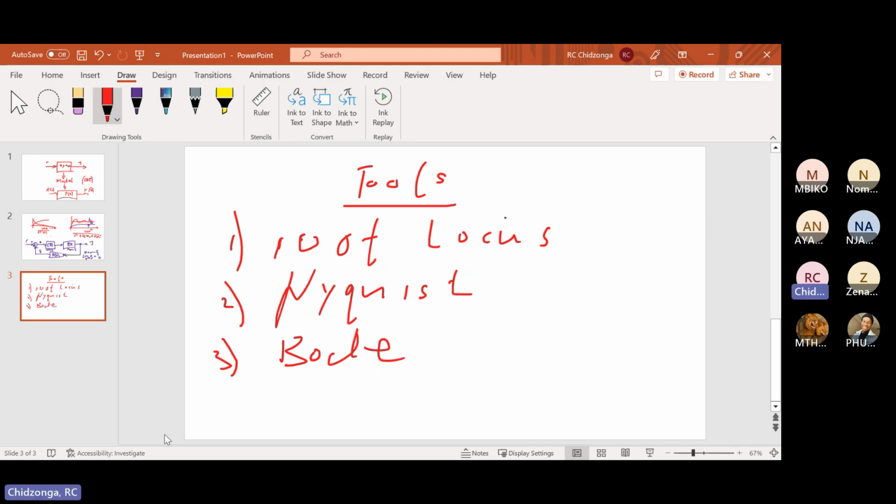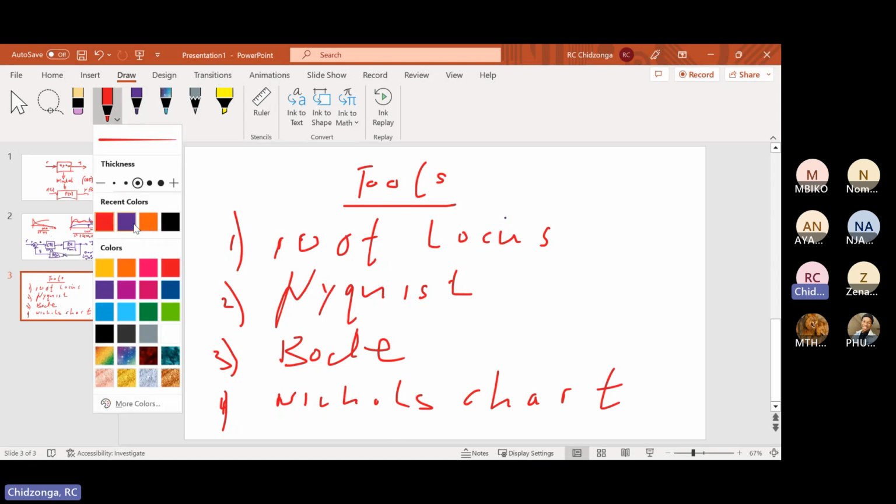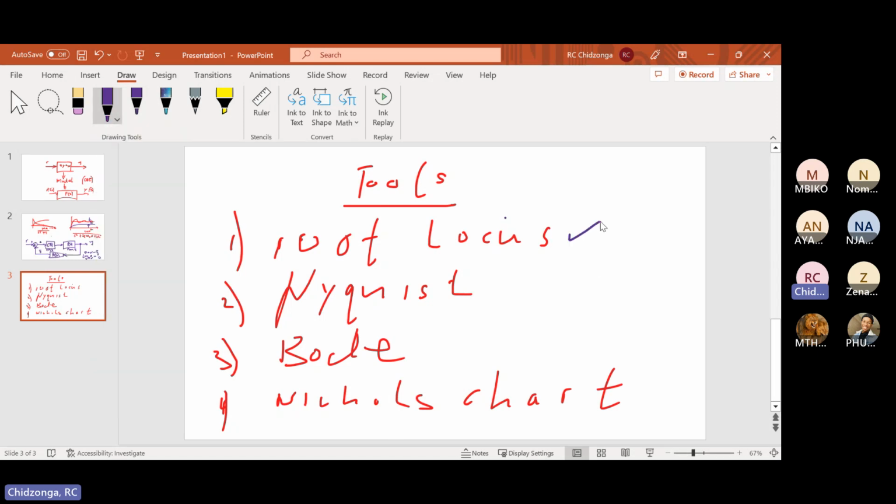There are other tools which we did not cover. For example, there's one other traditional tool which is called the Nichols chart. Very interesting and very useful. We're not going to say anything about this because we did not cover it. But for what we have covered, the root locus, the Nyquist locus, the Bode diagram, the most commonly used tool for design is the Bode.